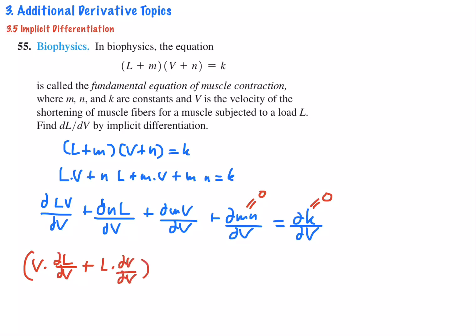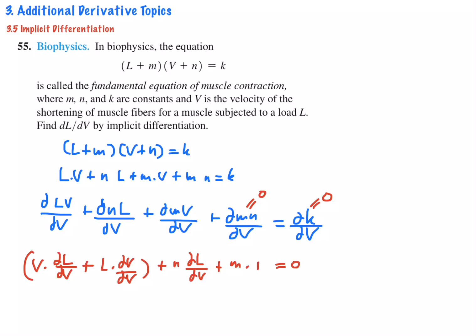This is the result of the first term. Then over here I can put n times dL over dV, because n is a constant, added with m times dV over dV. Notice that dV over dV is equal to 1, and the derivative of mn is 0.